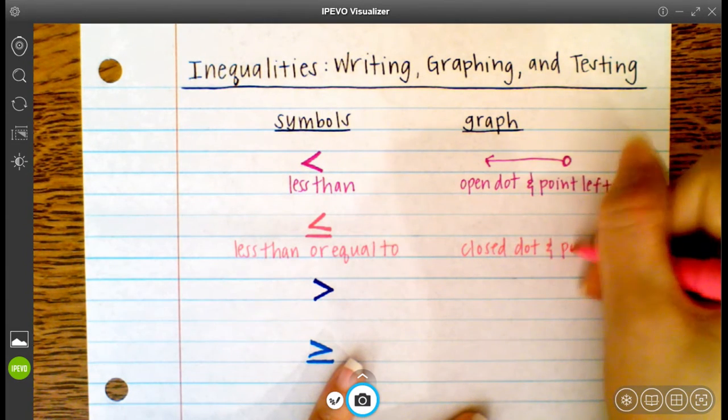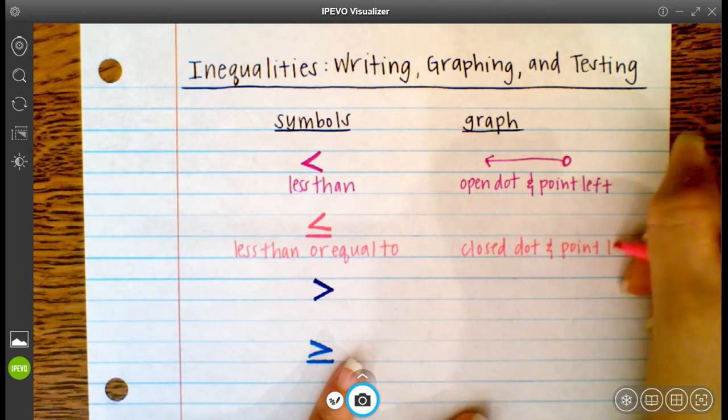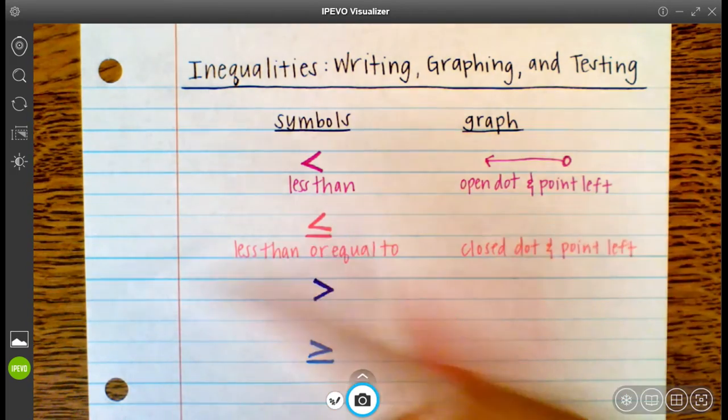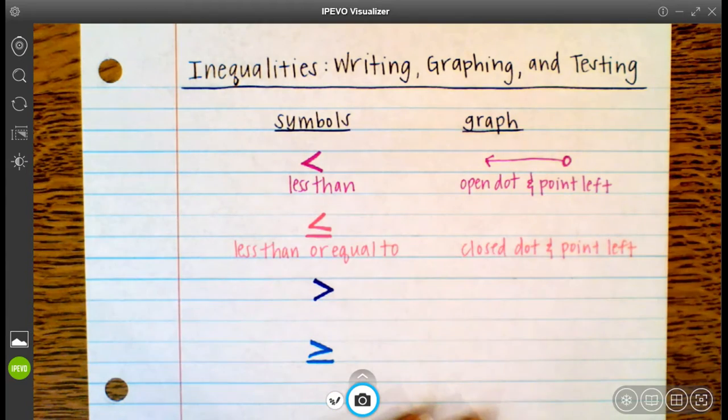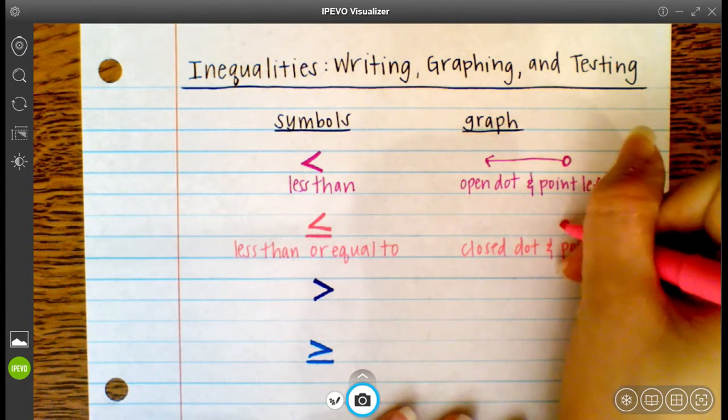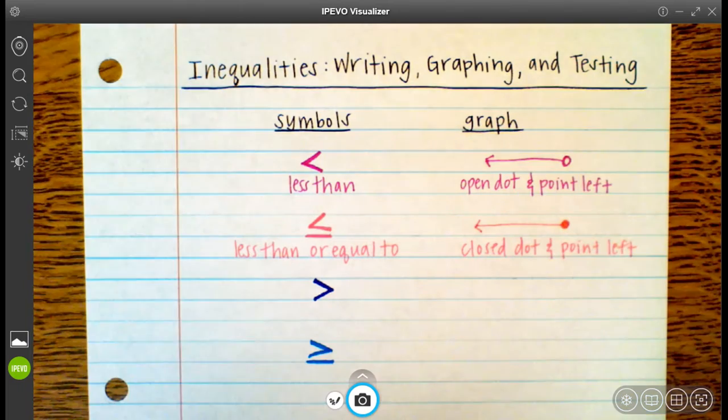And you will point towards the left, since that is the way the symbol is facing. So we're going to have a closed dot here because of that symbol, and we can sketch our arrow pointing to the left.